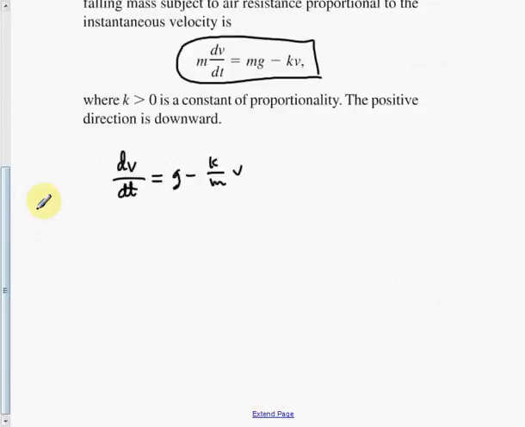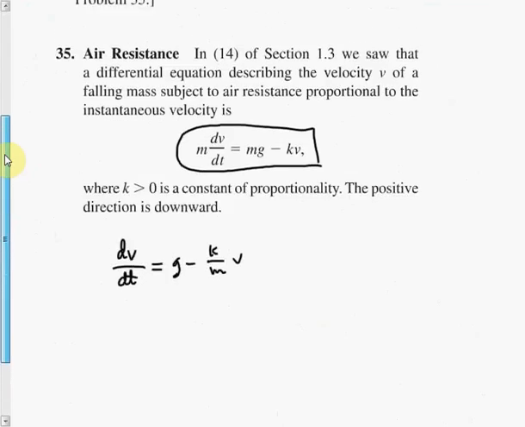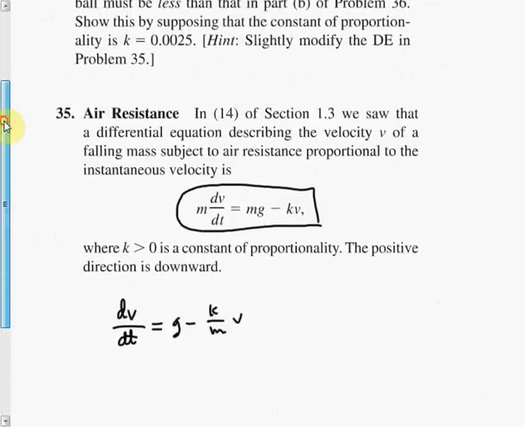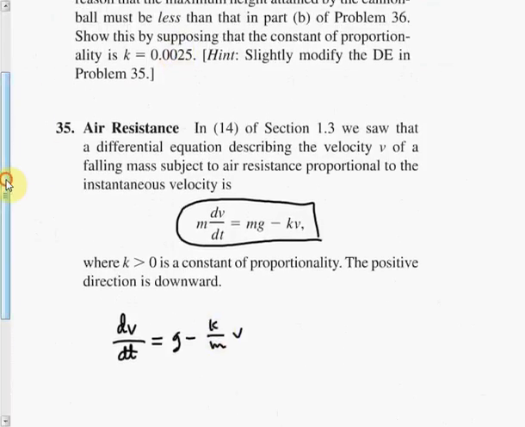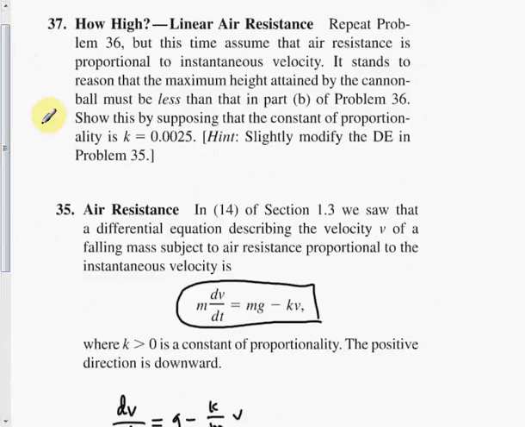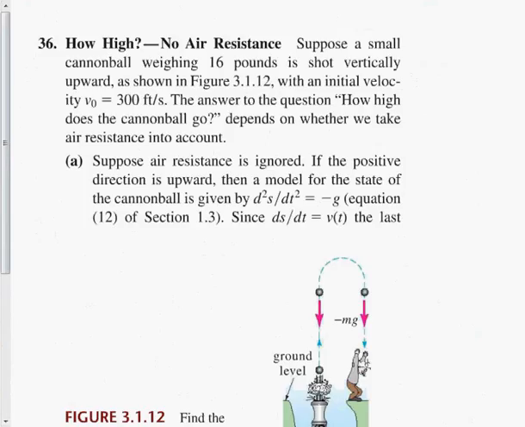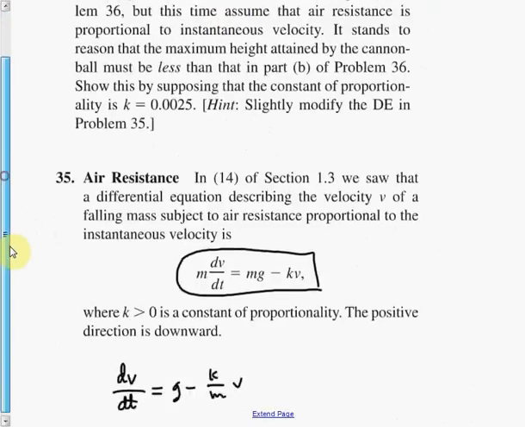I'm going to plug in the values. K is given to be 0.0025. We have to solve for the mass, given the weight. I think the weight was given to be, not 32, but I think 16 pounds. Yeah, suppose a small cannonball weighing 16 pounds. So we have that to work with.